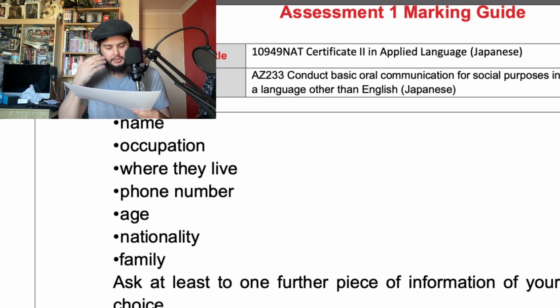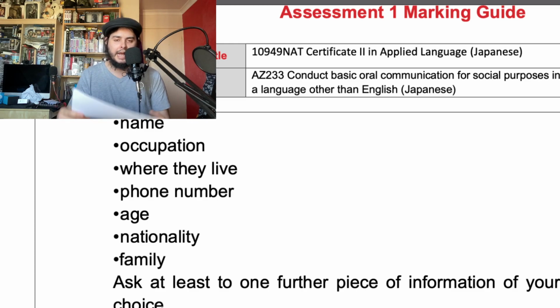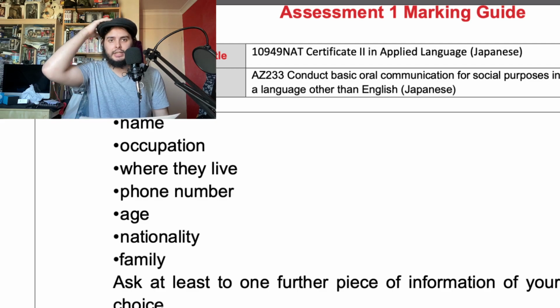And then she asked me if I would like to ask my partner some questions that we have learned in the course, which clearly does make sense.